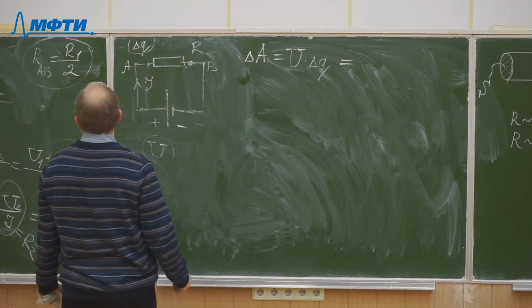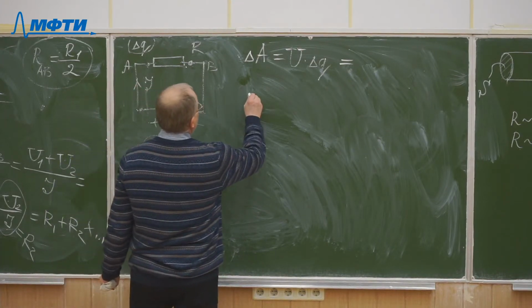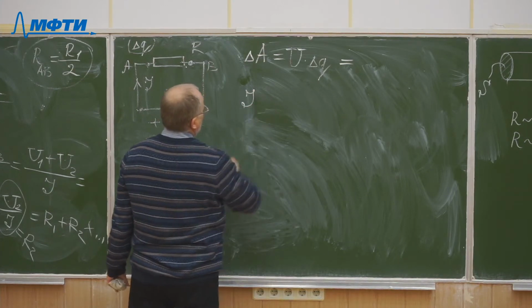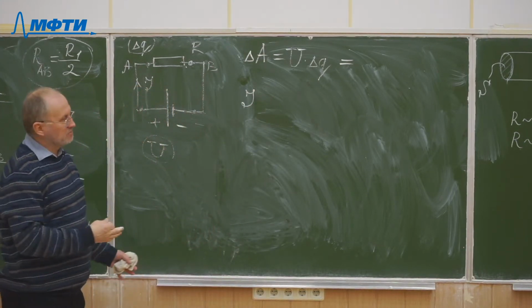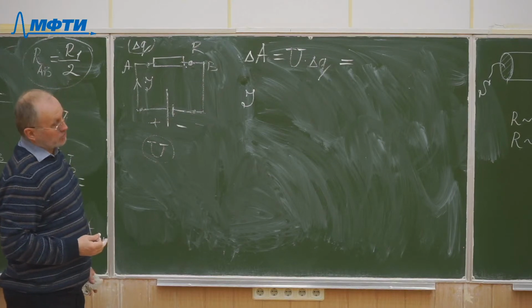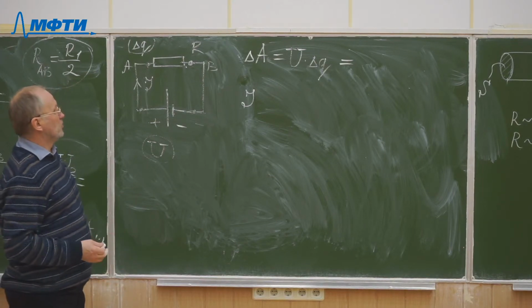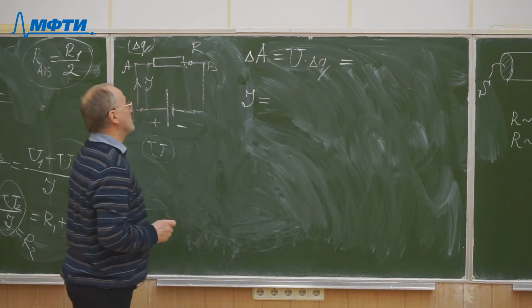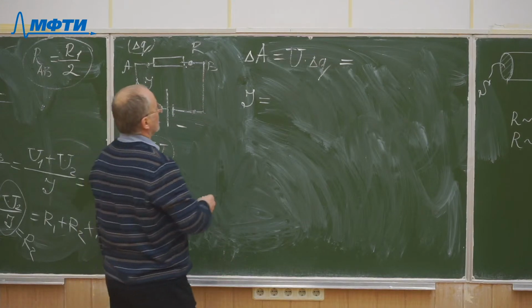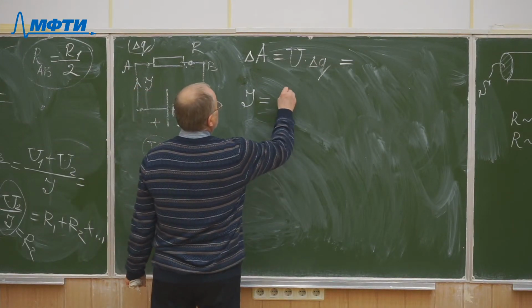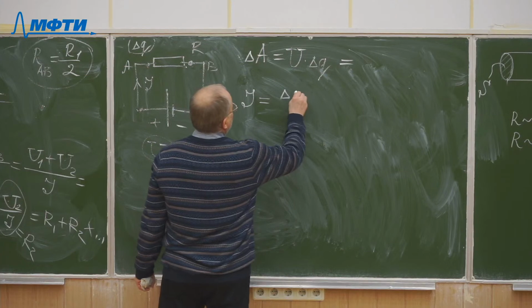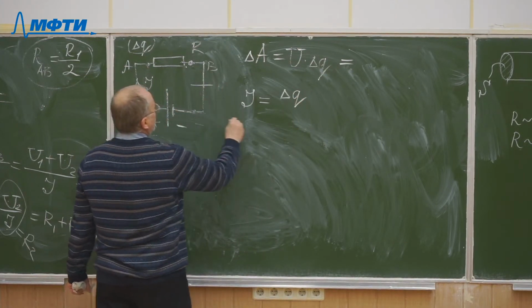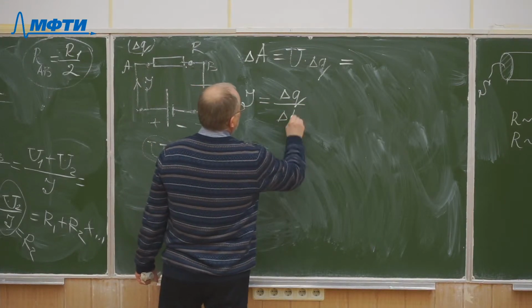I told you that the electric current is the directed movement of electric charges. This is a verbal definition of electric current, but if we go to a strict mathematical definition, then it's defined as some charge that goes through the cross-section of the wire during some time interval delta t.